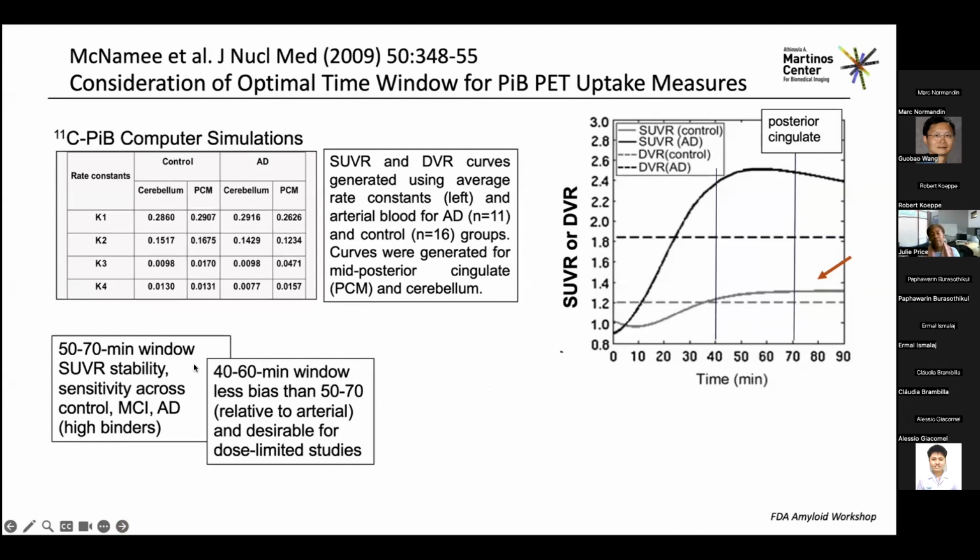So the 40 to 60 minute window was probably the best to choose here, although you have to be very careful with high binders. If they come in for an uptake period, you really need to get them in the scanner at the right period of time.